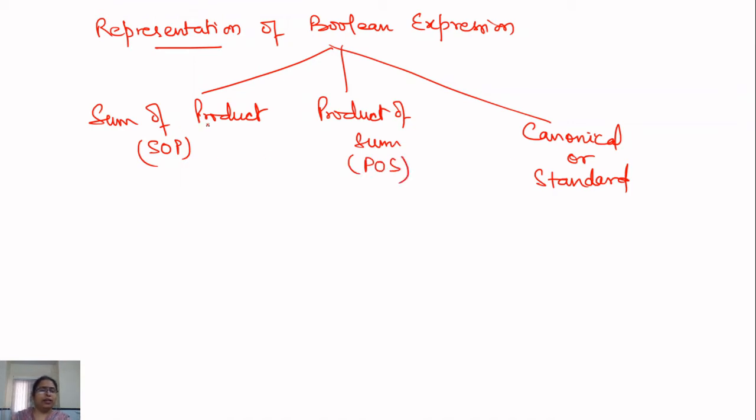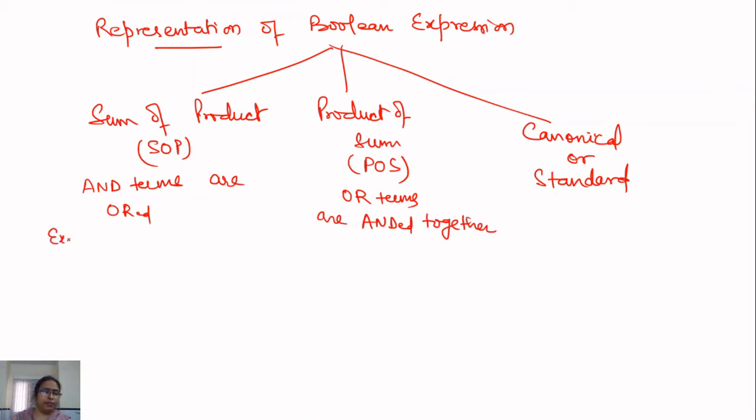Sum of product, in short SOP, and product of sum, in short POS. In SOP, the AND terms are ORed together. Here, OR terms are ANDed together.